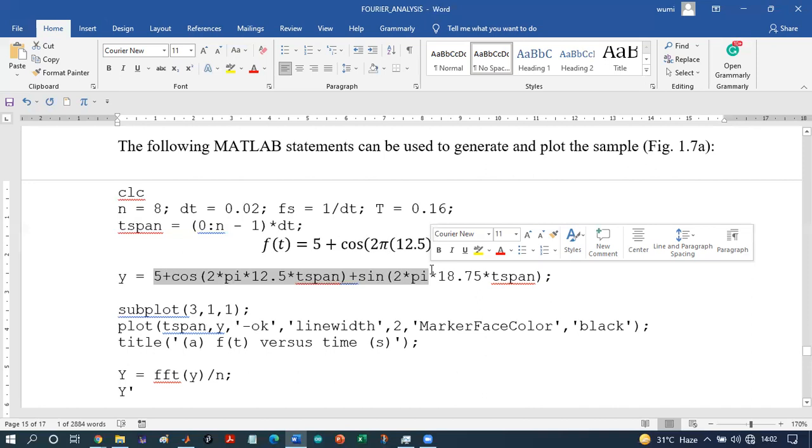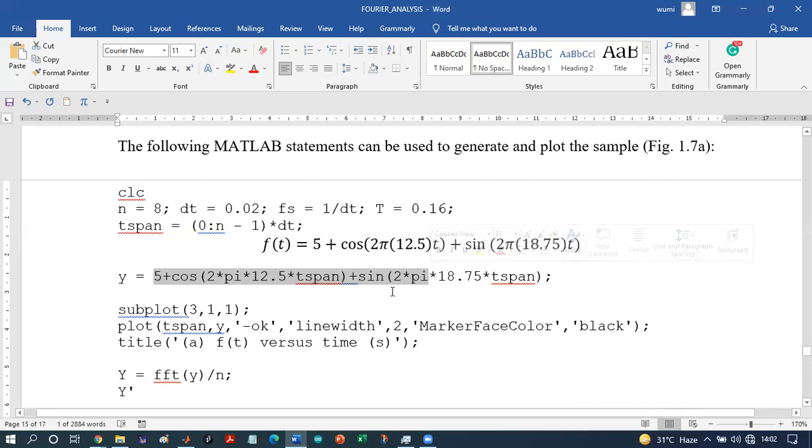We are plotting the signal as a function of time. The question says to plot it in Matlab. So if the question says you should plot it, then you should plot it. This is the code to plot it in Matlab.